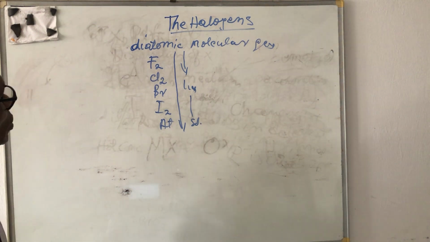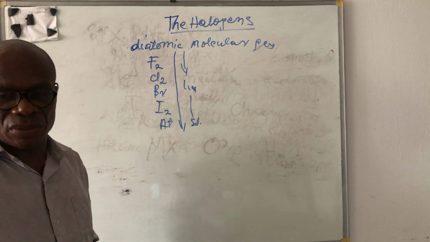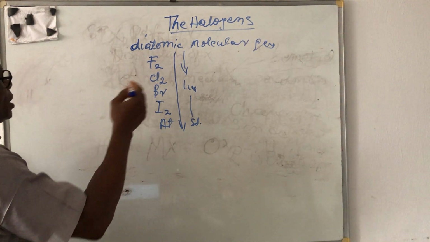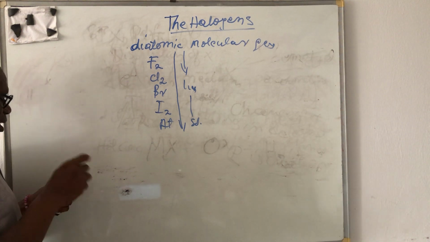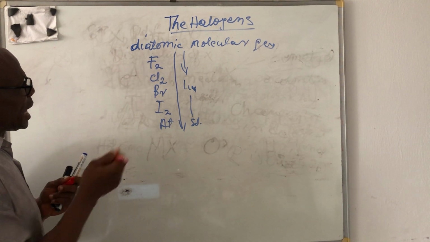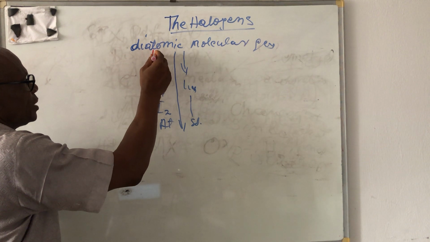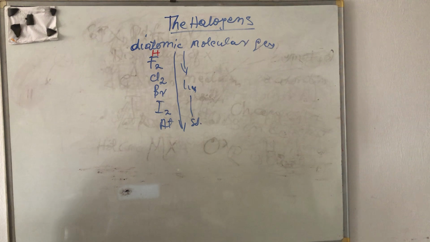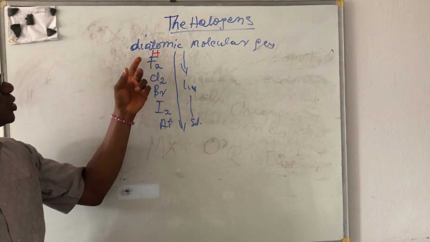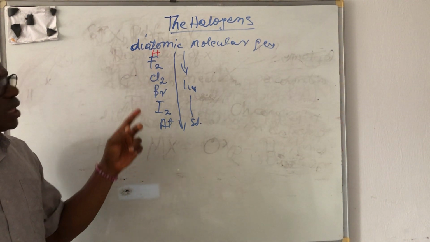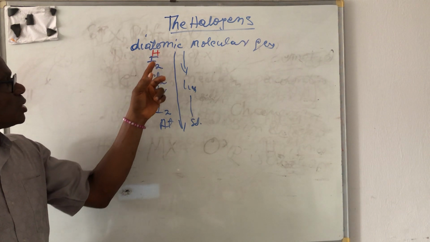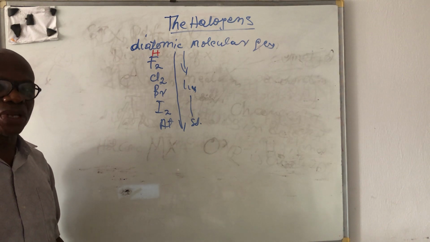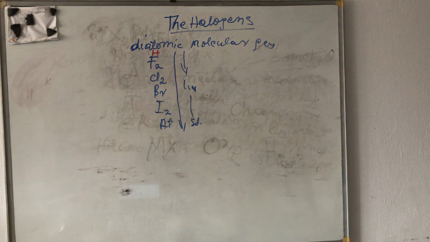I would wish to make an observation that in some periodic tables, you find that hydrogen is kept above fluorine. To correct whatever erroneous impression you may have, the inclusion of hydrogen among the halogens is not because hydrogen is a halogen.